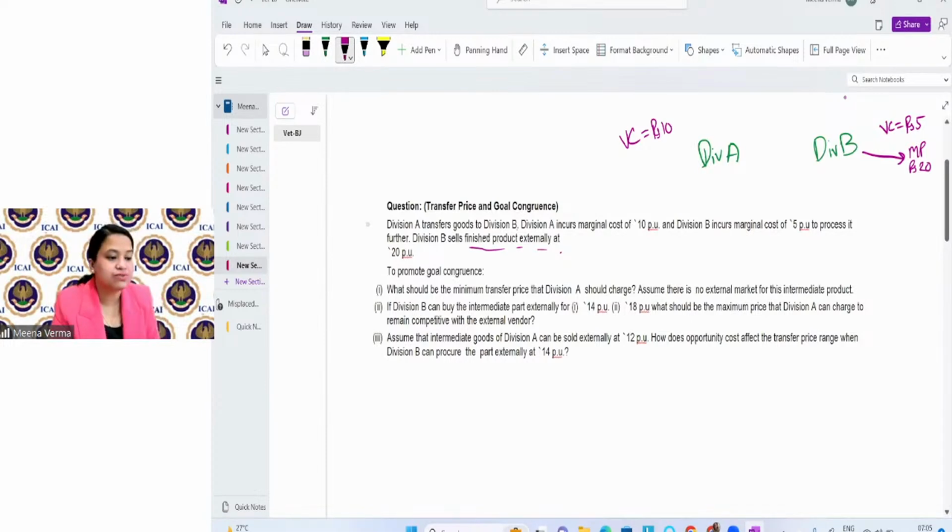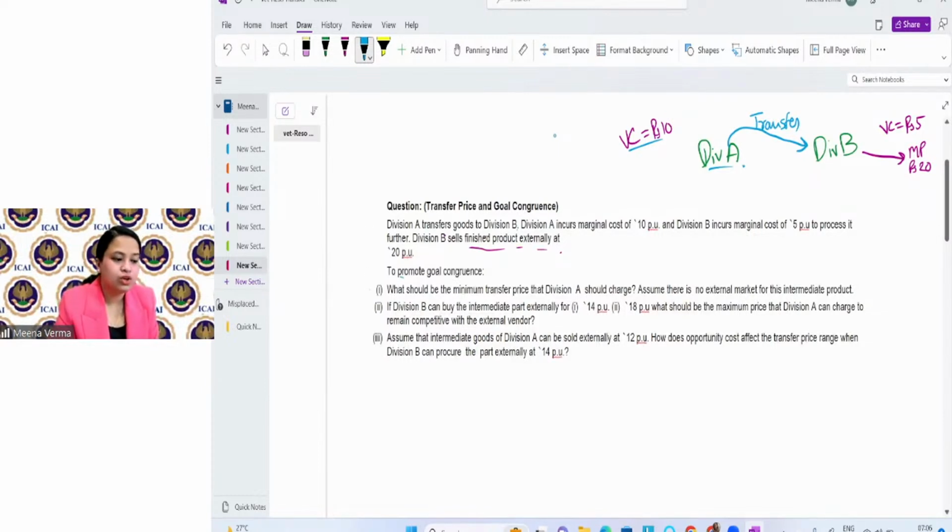What else? Division A transfers the goods to Division B. It is mentioned here that Division A is transferring its product to Division B, and the variable cost incurred in Division A is rupees 10.